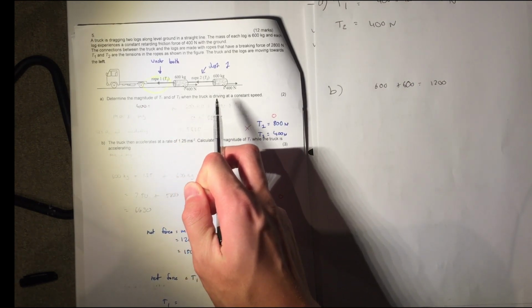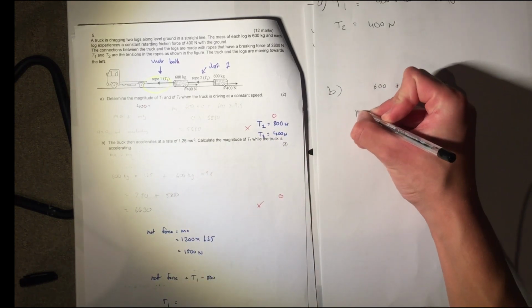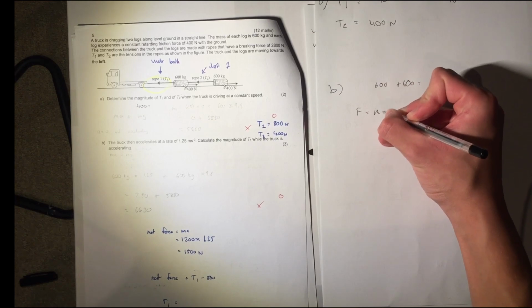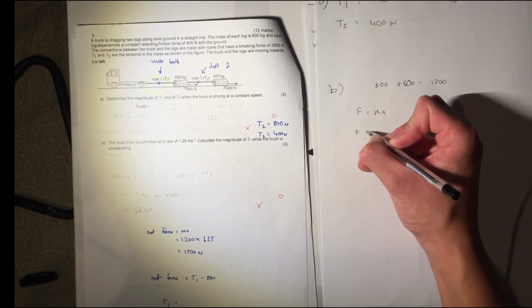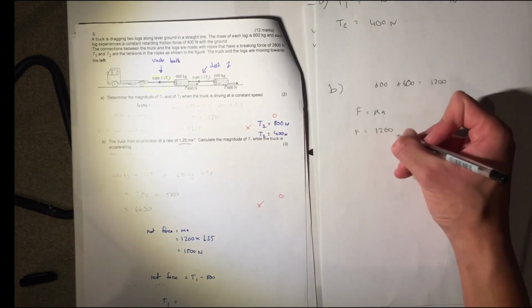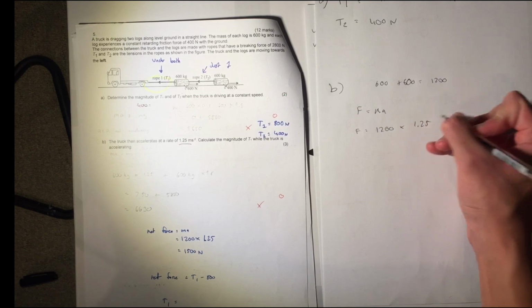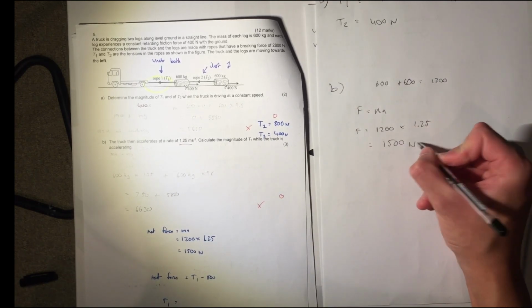Then 1,200 times our acceleration of 1.25 equals 1,500 newtons.